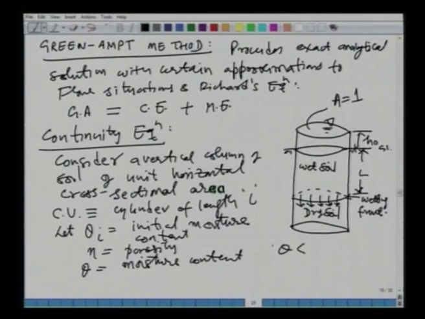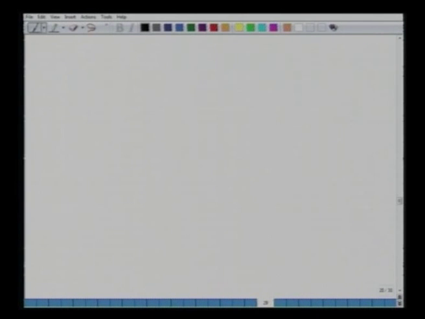We know that theta will vary between the initial moisture content, theta I, and eta. With this schematic in mind, let us try to write down the amount of water which is stored in the CV, or in your cylinder, due to infiltration at any time t.